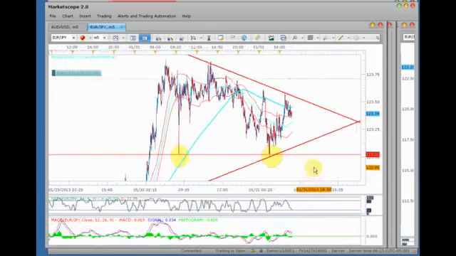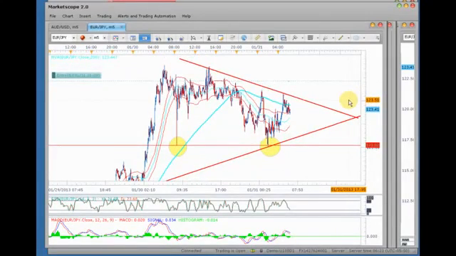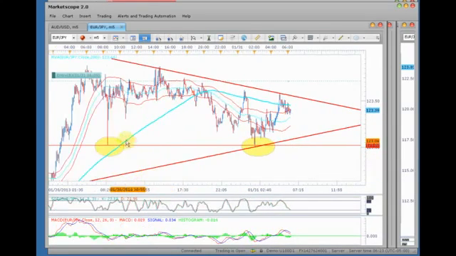I have the tread marks on my back where I've been hit by that bus a number of times, so I'm scared to get short euro yen. Demo or real, look, here's a short, bam, somebody stepped in there and bought this baby back up, right?